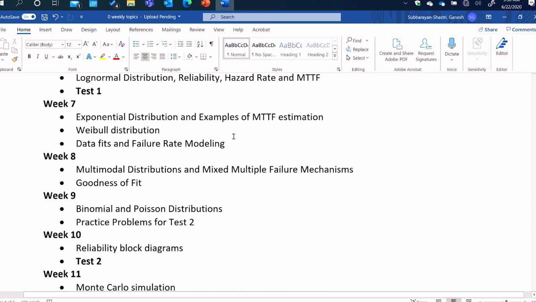Then in week 7, we will learn about exponential distribution and ways to estimate mean time to failure. Then we will go on to discuss Weibull distribution, data fits, failure rate modeling.